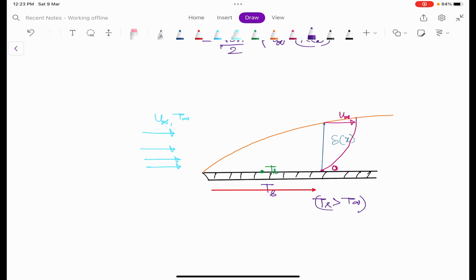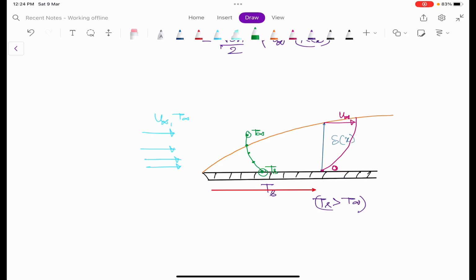Similarly, the fluid layer just above the layer adjacent to the plate will have a bit lesser temperature, and here still lesser, and here still lesser, and at a particular distance it will have T infinity, and here it has Ts. So now if I join the profile like this, then this is my temperature profile.